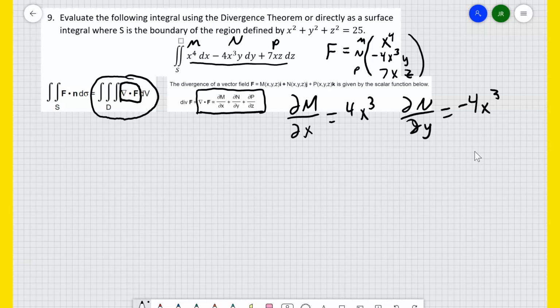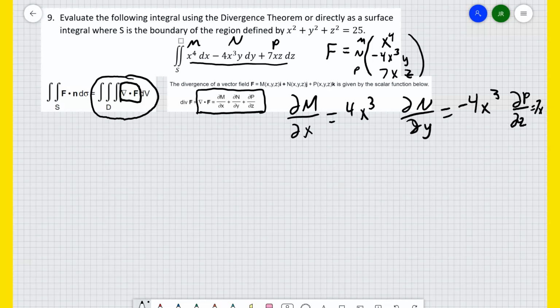And the partial derivative of P with respect to z is just going to be 7x. Okay, so now we have the gradient dot F.